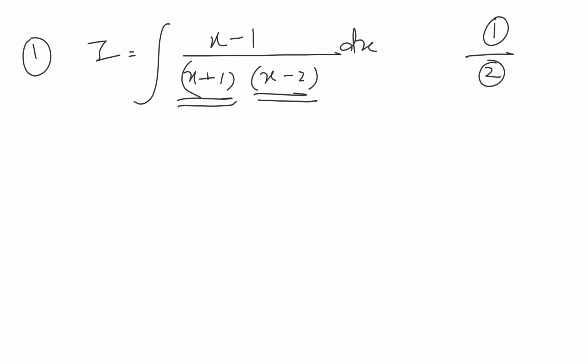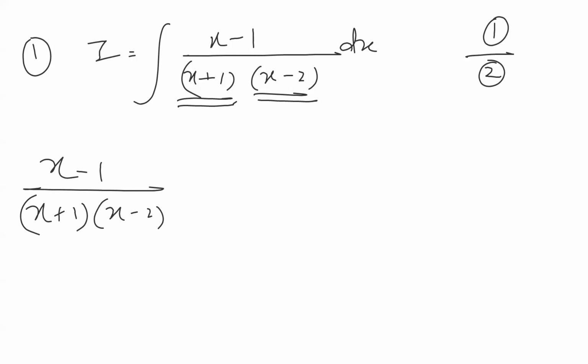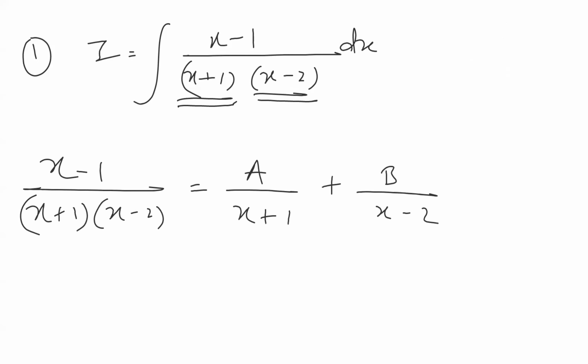So we can solve this using partial fraction type 1. So x minus 1 upon x plus 1, x minus 2 is equal to a upon x plus 1 plus b upon x minus 2. This is how we are supposed to proceed. What I would recommend is that you solve this at your end and please send me the solution.